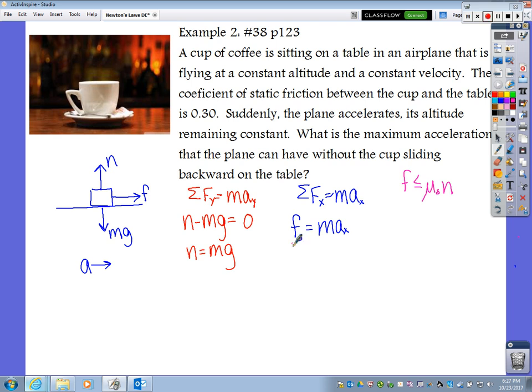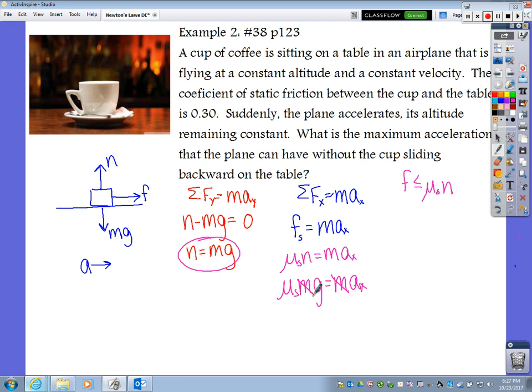The largest friction force is when this is an equal sign. F equals mu times N. So I'm going to say mu static times N equals m a sub x. And the normal force is equal to mg. So I can say mu static mg equals m a sub x. I'm going to divide by m, those cancel.